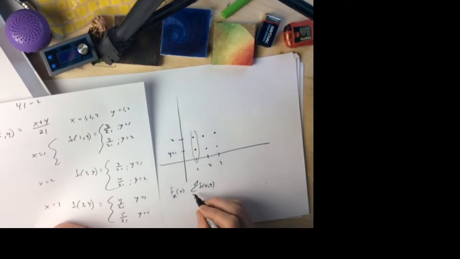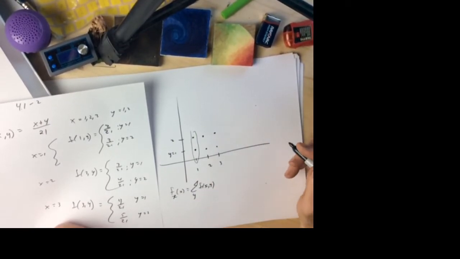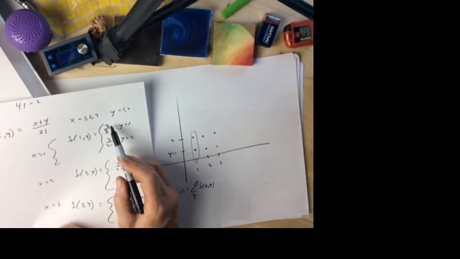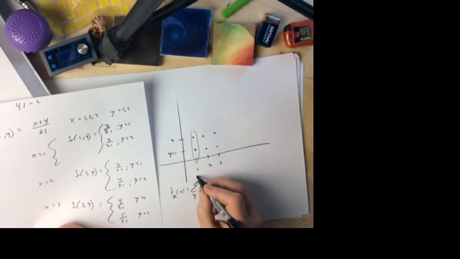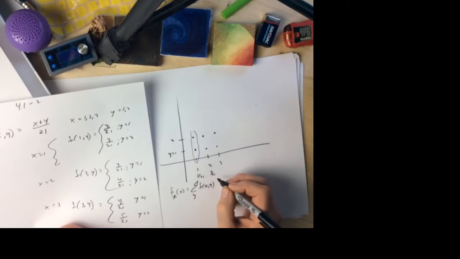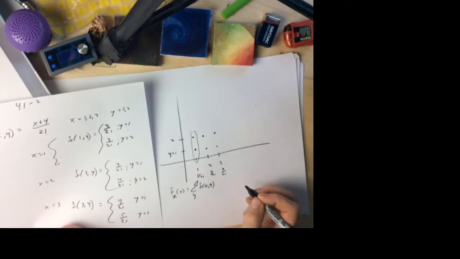So if I put an x there and sum over y, it looks like a function that depends on x. So let's just calculate those sums. So over here, when x equals 1, that was 5/21. And when x was equal to 2, that was 7/21. And when x was equal to 3, that was 9/21.